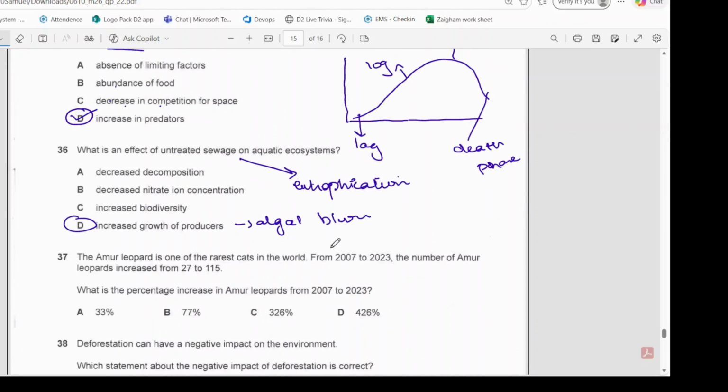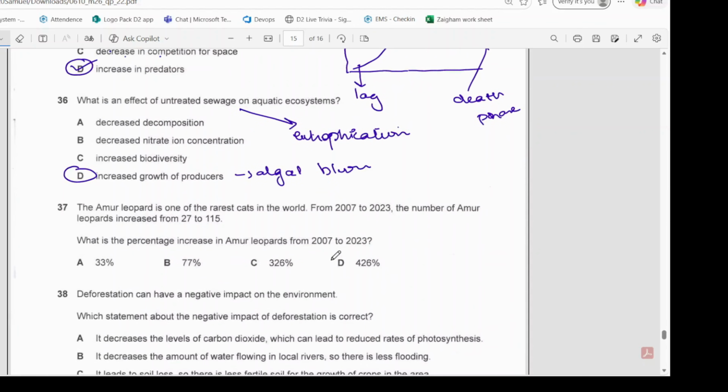The Amur leopard is one of the rarest cats in the world. From 2007 to 2023, the number of leopards increased from 25 to 115. What percentage increase in leopards took place? So let's calculate it. It's final minus initial over initial, multiplied by 100.